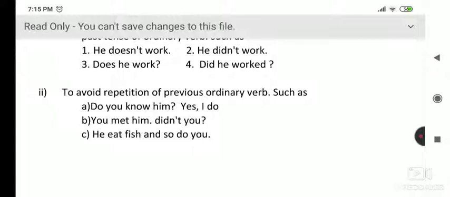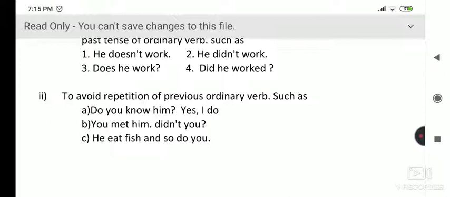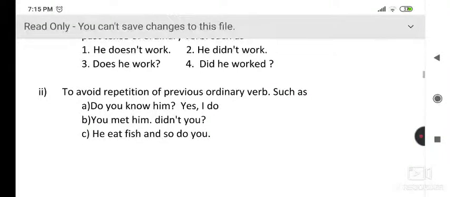In this interrogative, or yes and no type question, we answer as yes, I do. So we use do as it is in the answer.